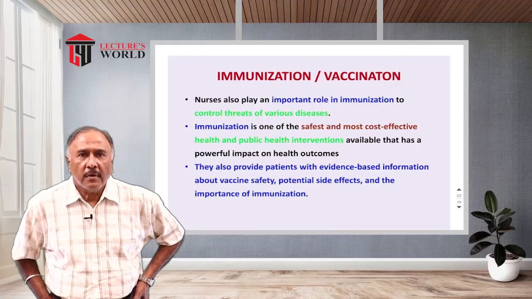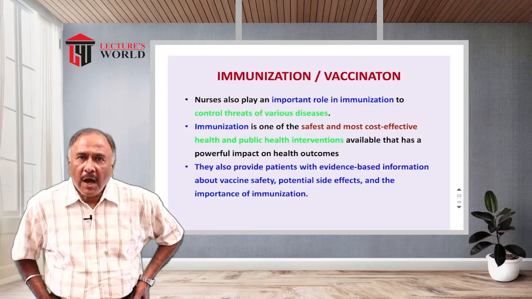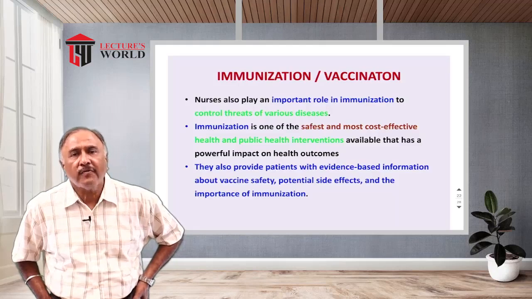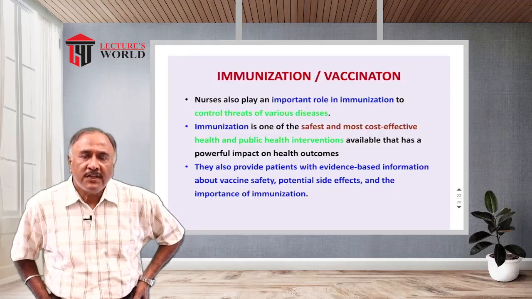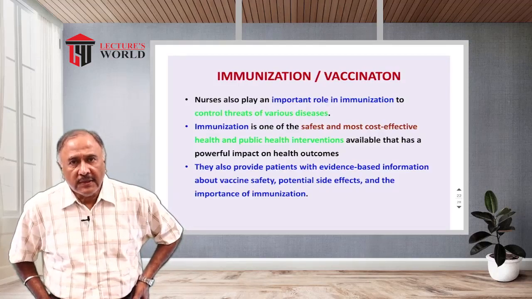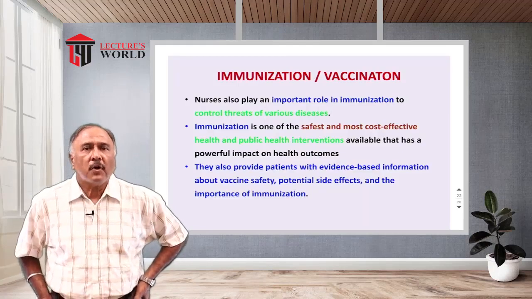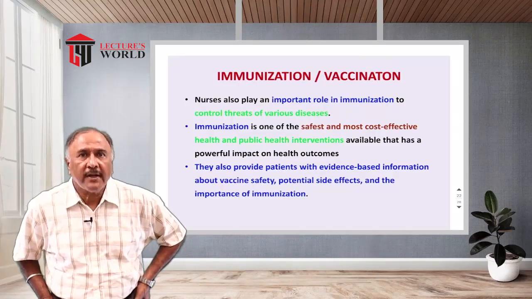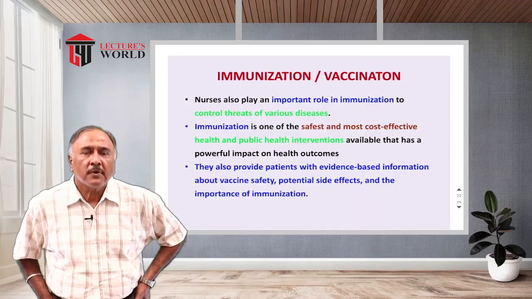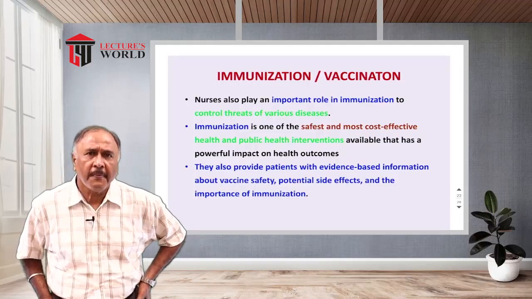Now, vaccination or these immunization programs are programs which help in building up the immunity of an individual and, as a whole, of a community. So how are these vaccines made? They are basically the organism or the causative agent itself, or a part of that causative agent, or the substance produced by that causative agent, like toxins.